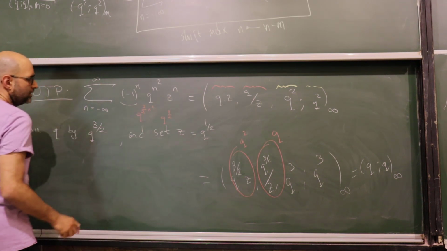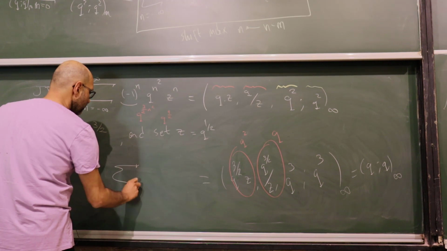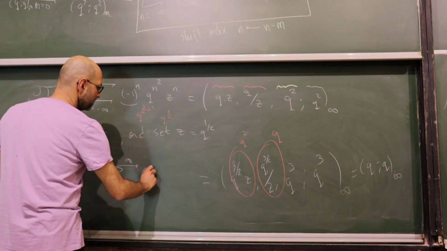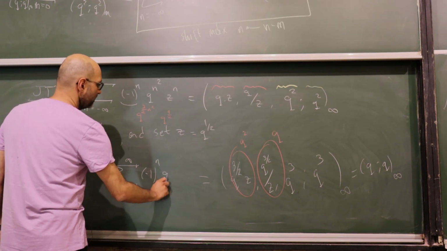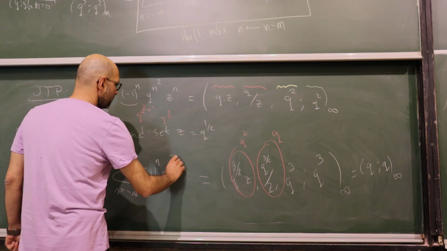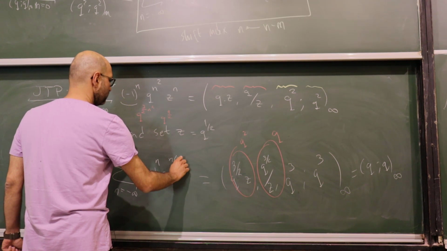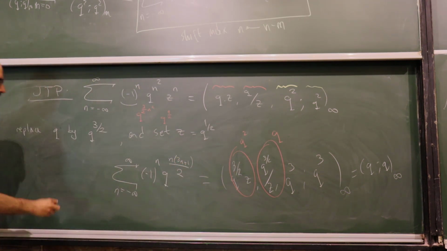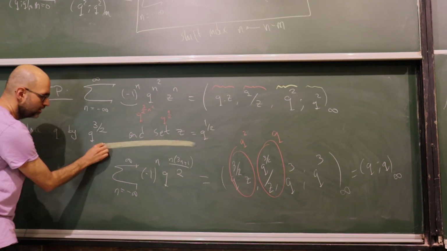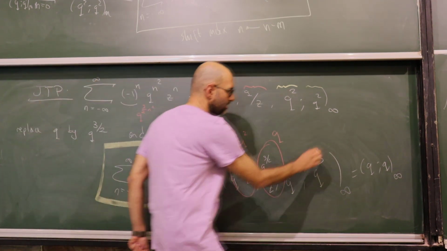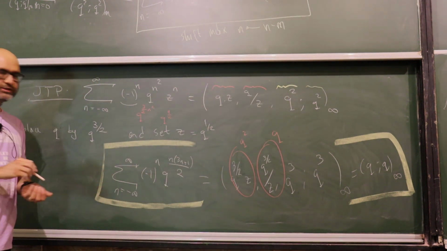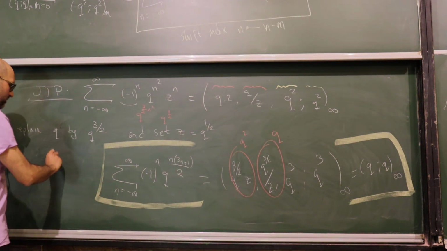And if you write the two together, this is going to be from n equals minus infinity to plus infinity, minus 1 to n, Q to n times 3n plus 1 divided by 2. Ladies and gentlemen, this and that is Euler's Pentagonal number theorem.